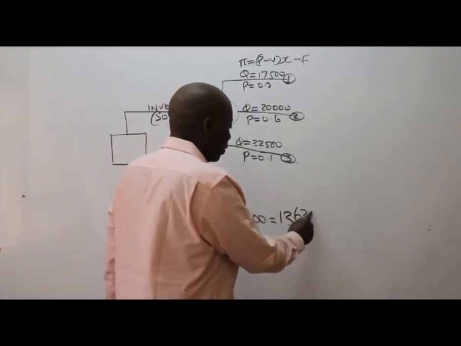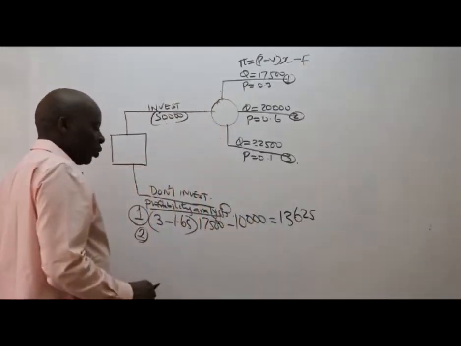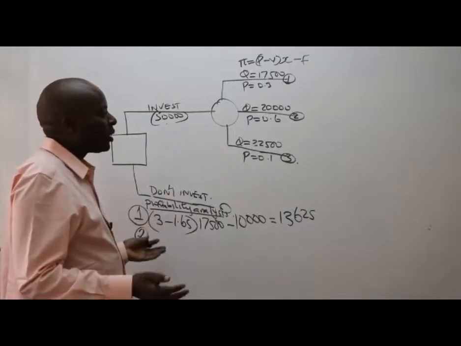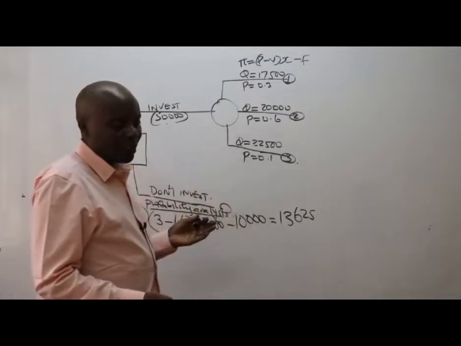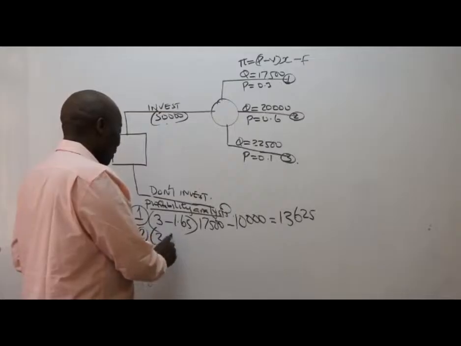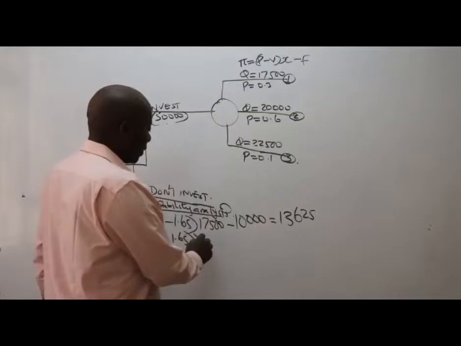Thank you so much. So please go to branch number 2. Remember, most of the things, actually everything, is remaining the same. The only thing that changes is the quantity. So in this case, price is 3 minus 1.65 multiplied by 20,000.